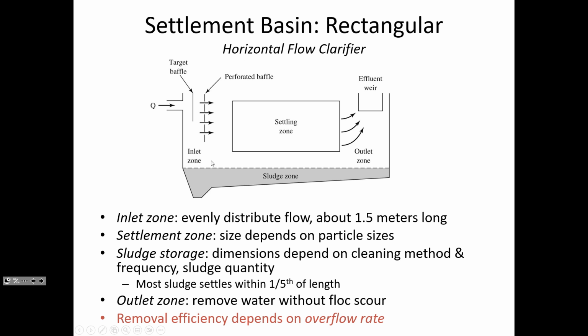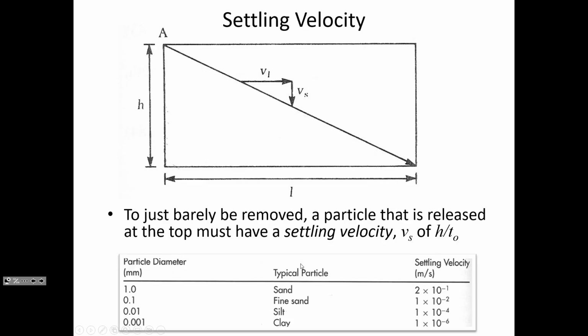Because at the beginning of a clarifier, what's going to settle out at the beginning is the really heavy particles that were large and dense. Those will settle down through the water easily, but there's going to be a lot more of the small particles that don't have a lot of mass because they're small in diameter, and so the removal efficiency depends on overflow rate.